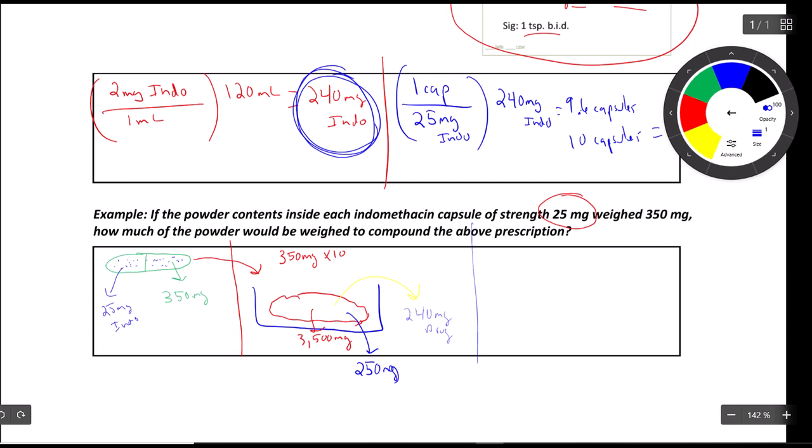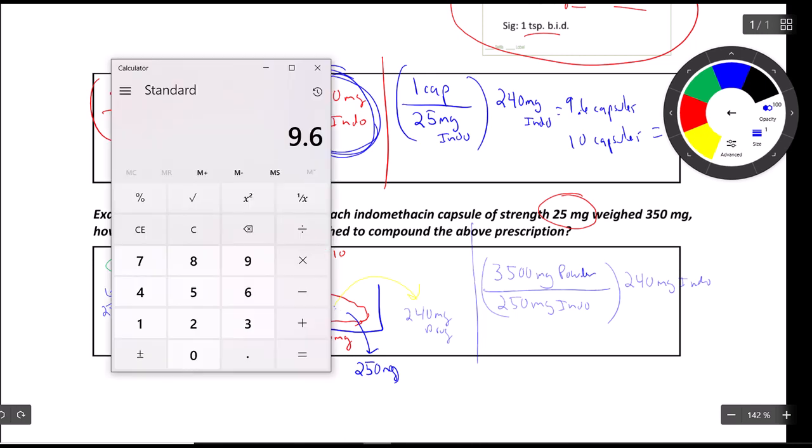So, we do what we know, our ratios. Very simple. The ratio is the amount of powder inside of those 10 capsules. We know 3,500 milligrams of powder has 250 milligrams of indomethacin. Well, how much of that powder do I need to take if I only want 240 milligrams of indomethacin?